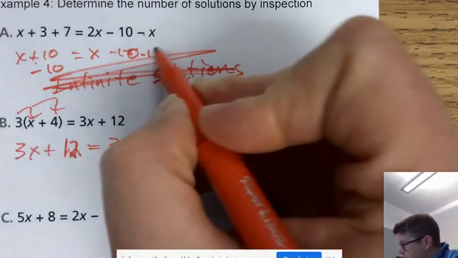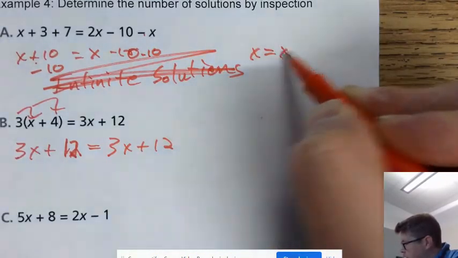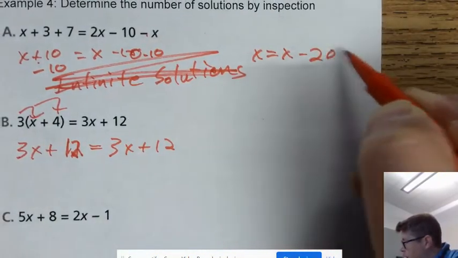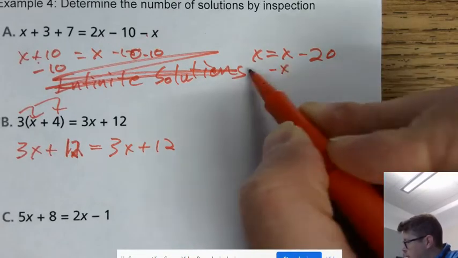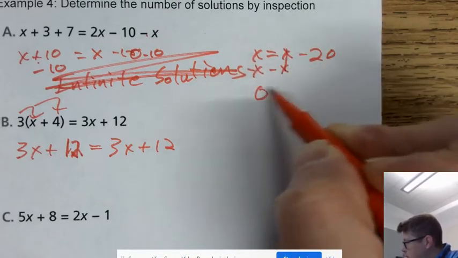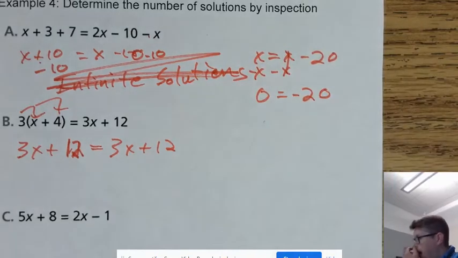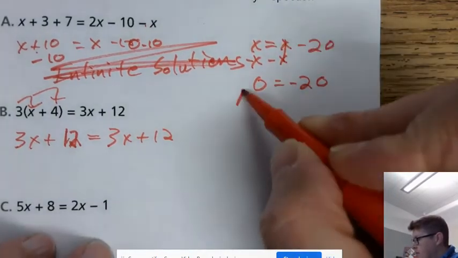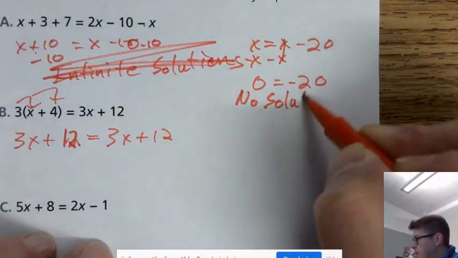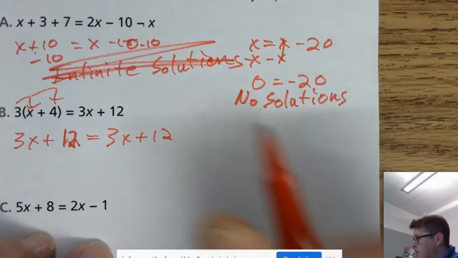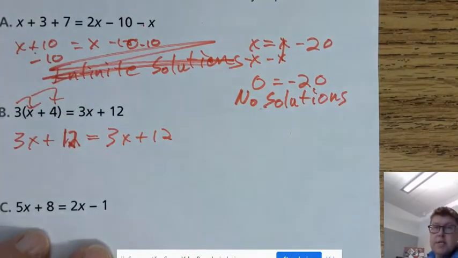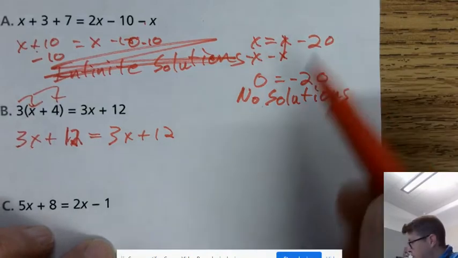Subtract 10 over here, subtract 10. You get x equals x minus 20, which you subtract that x right there, you get 0 equals negative 20. So yeah, no solutions on that one. My bad. I'm so sorry about that, guys. I did not make the distinction between that plus and that minus. So yeah, no solutions on that one.